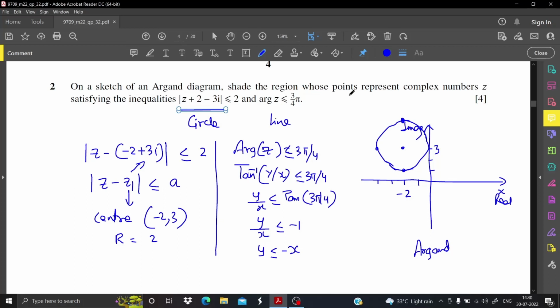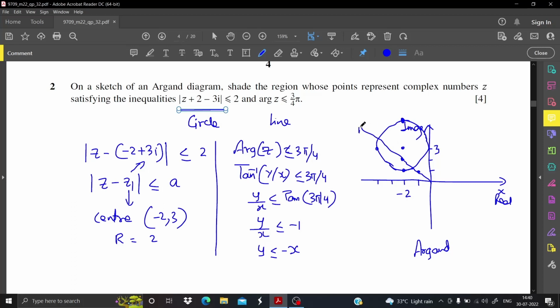Now for the argument z less than or equal to 3 pi by 4, since it is y equal to -x, you can use the points -1, 1 and -2, 2, and you can draw a line. It's a line passing through the origin.